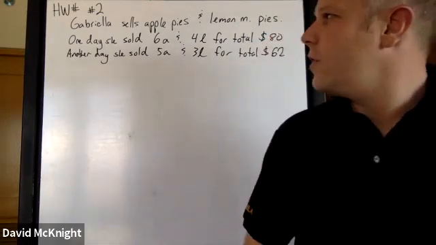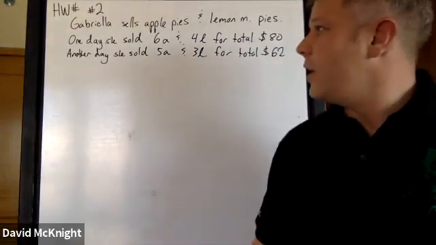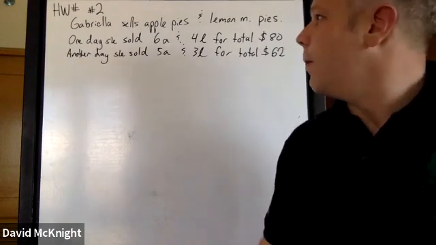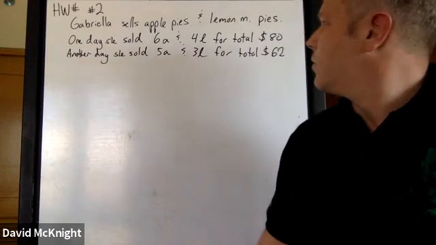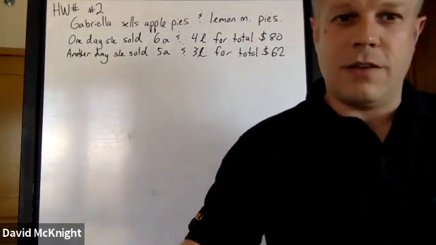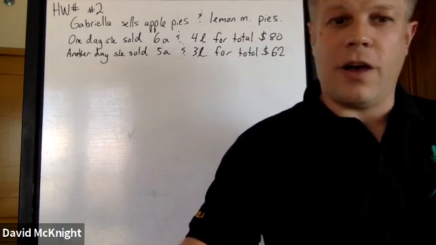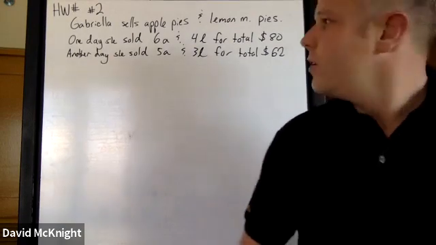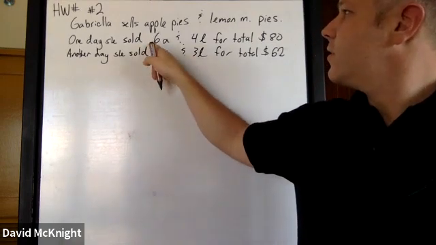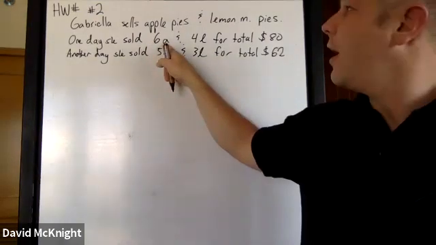Okay, so the first thing we need to do is understand the question, what it's asking, and then set what our variables are. So think about this. What is the question asking? Well, in the assignment, it asks for the price of each of the pies. So we can see that 6 is the amount of pies, multiplied by the price per pie.